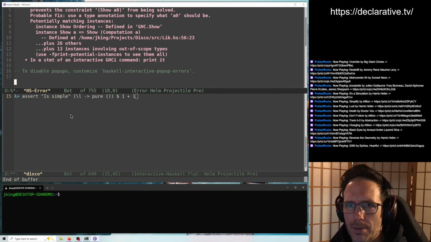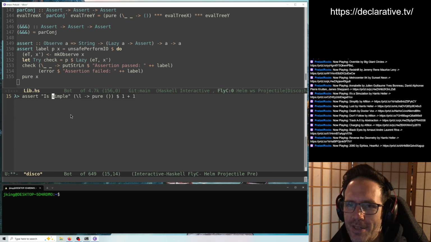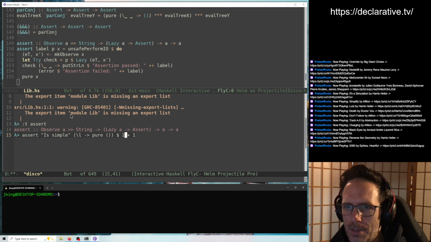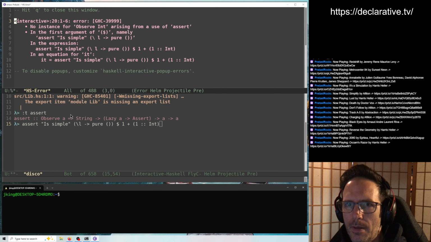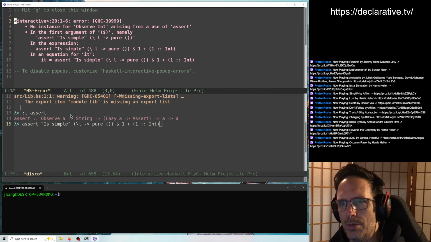Oh, okay, we're getting ambiguous type error from GHC at the moment. We're running low on time. What's... oh, this is ambiguous. Okay, now we need an instance of observe int in order to use it with assert.